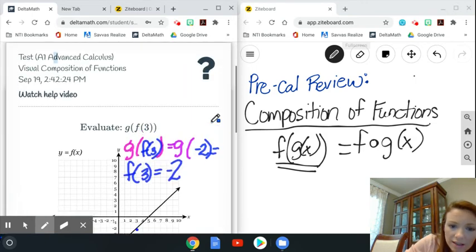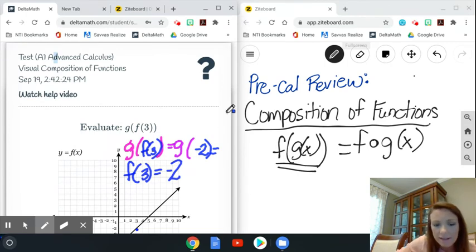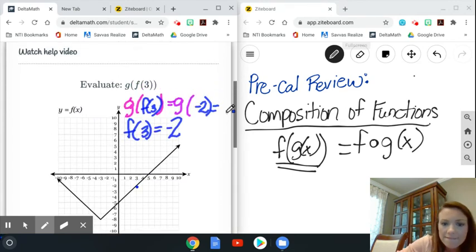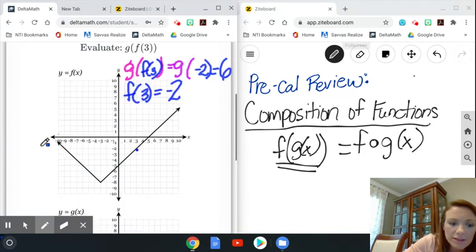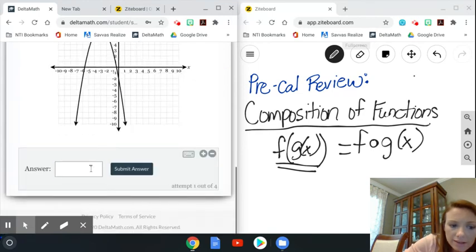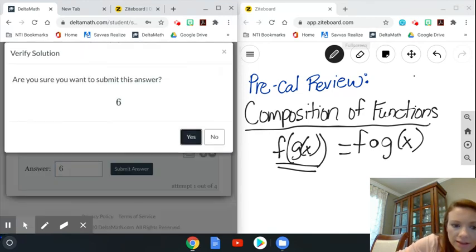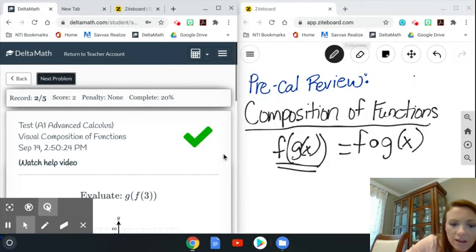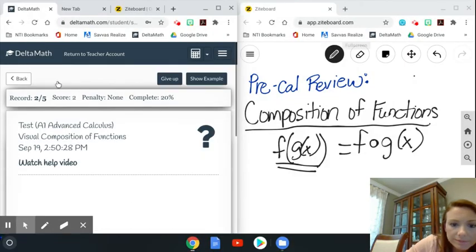So g of f of 3 is 6. And that's the value of the entire composition. So you should at this point be able to go down, type in your answer, 6, and that's correct. Then let's try another one.